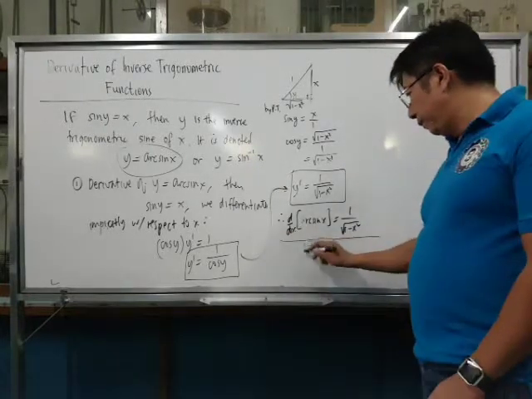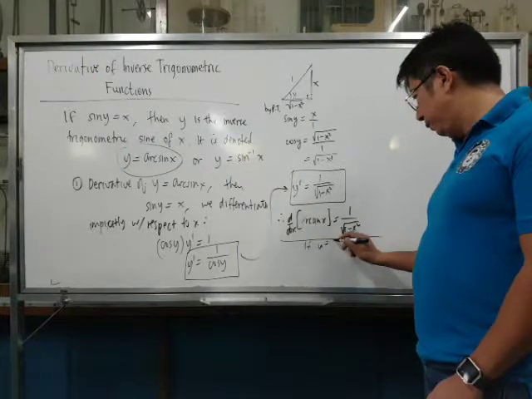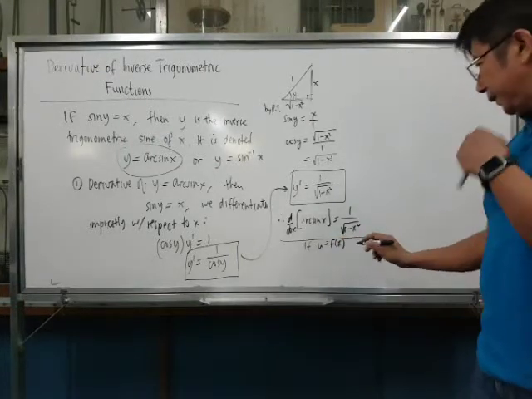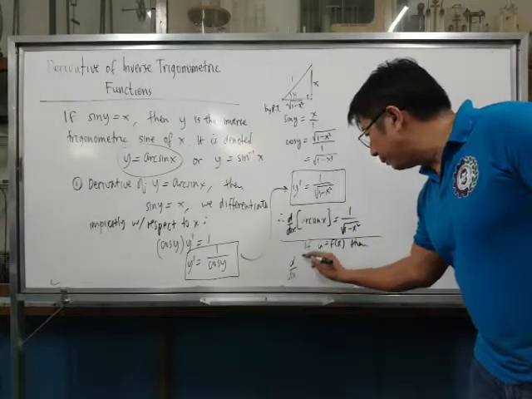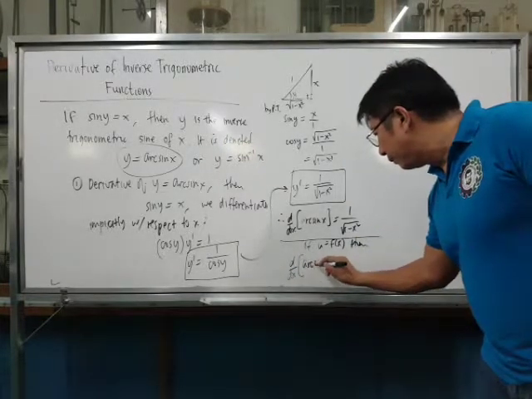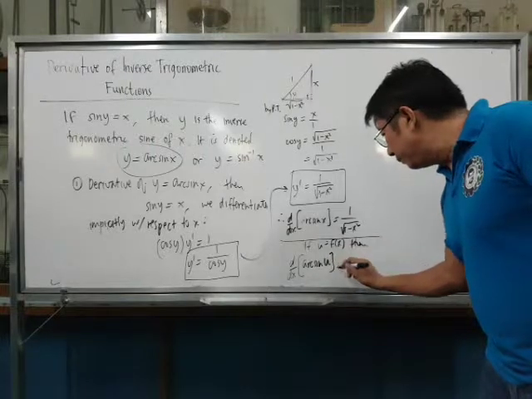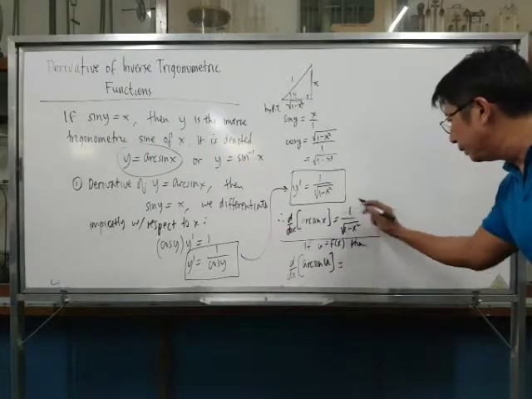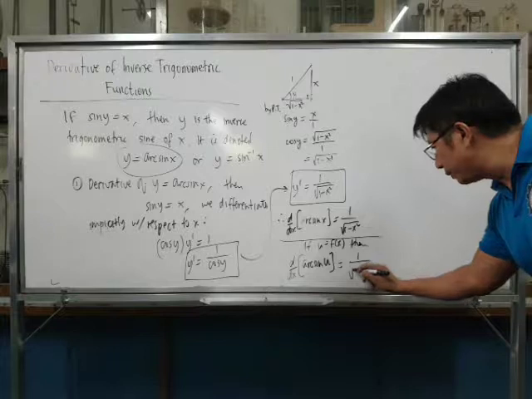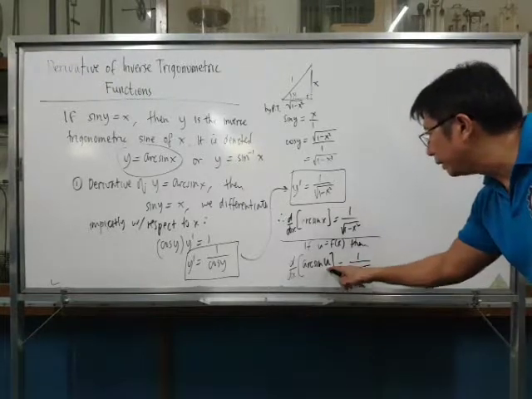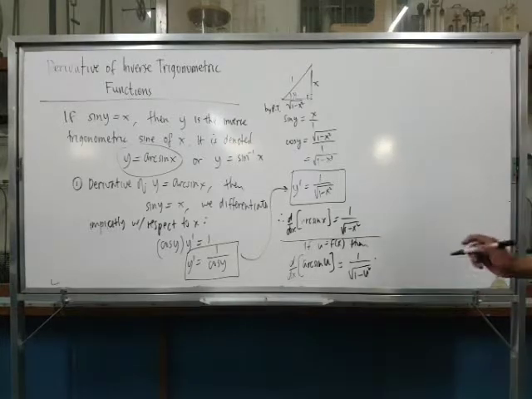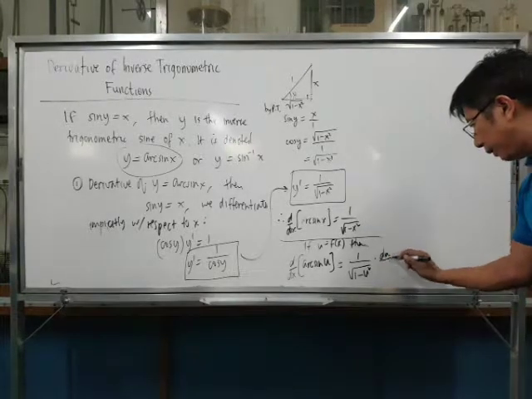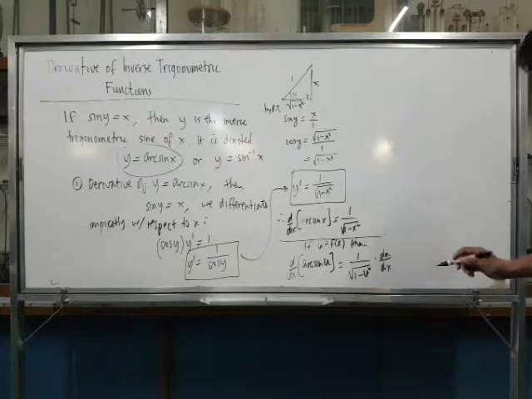And by the chain rule, if u is a function of x, then we can write the derivative of arc sine u to be equal to this expression: 1 over the square root of 1, but we replace x by u, so 1 minus u squared, and by the chain rule we multiply by du/dx.